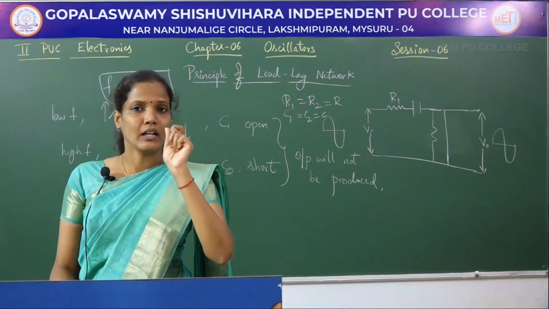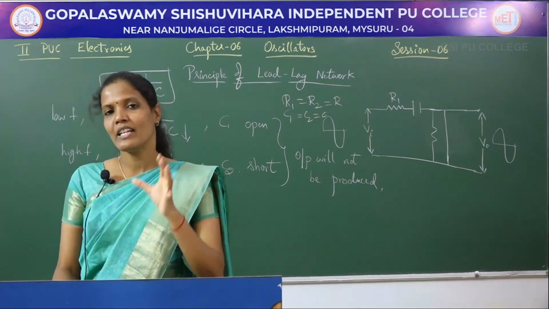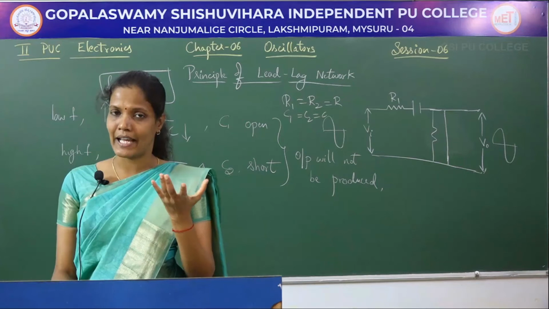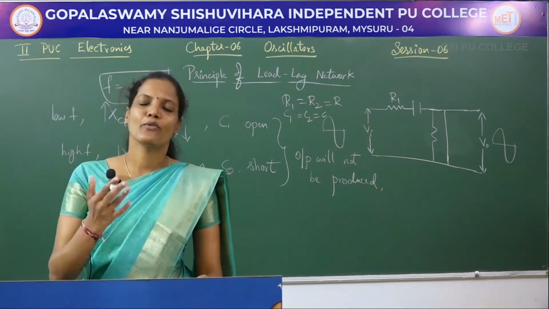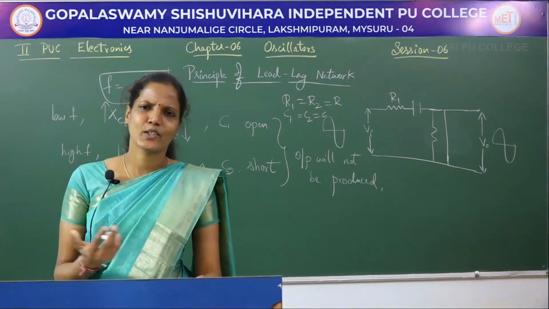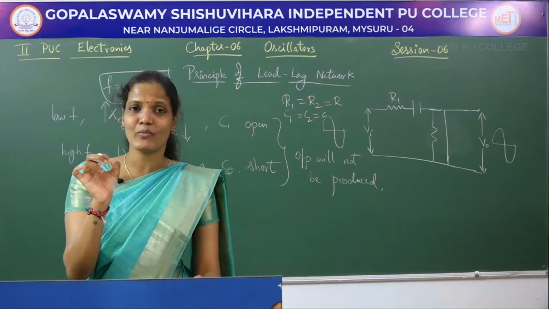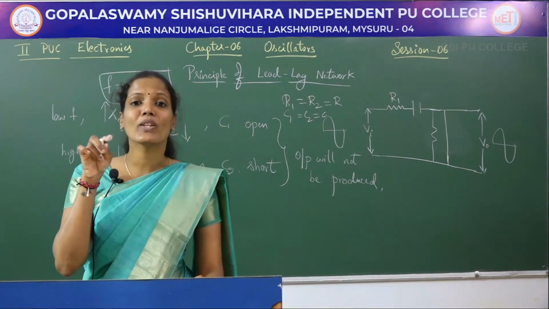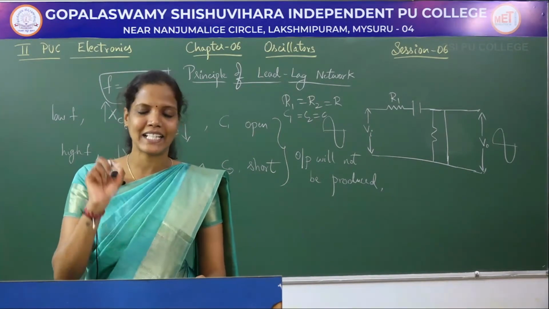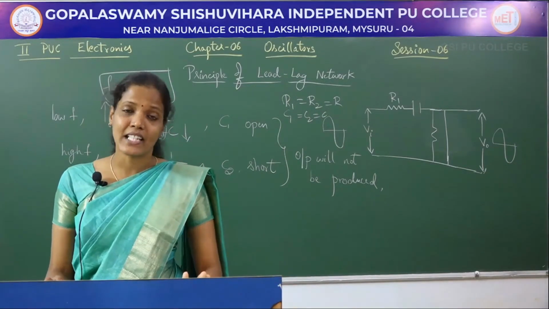So for low frequency signals, the phase angle is positive and the circuit will be acting like a lead network, and for high frequency signals the phase angle is negative and the circuit will act like a lag network. So at frequency F, which can be calculated as 1 divided by 2 pi RC, the phase angle is equal to 0.